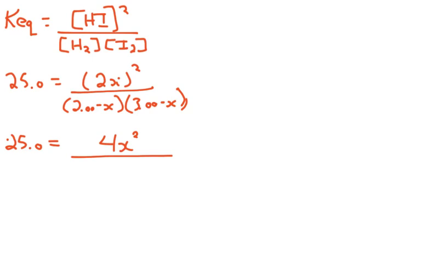Foiling out the bottom, 2 times 3 would give us 6. The outsides, 2 times negative x would be minus 2x, but I'm going to combine my like terms right away. Combine that with the negative x times 3 to give us negative 3x. Negative 2x minus 3x would be minus 5x. And the last, negative x times negative x would be plus x squared.